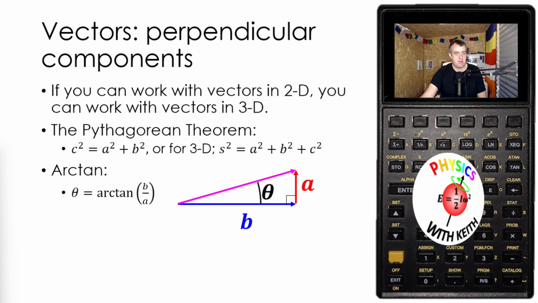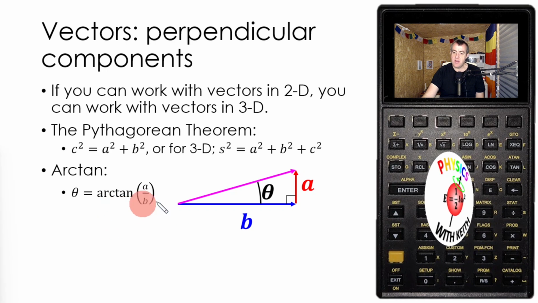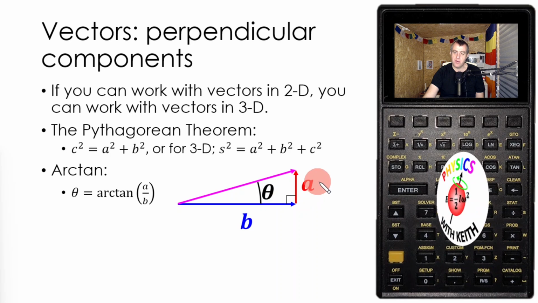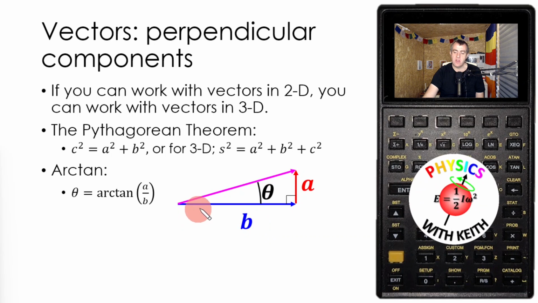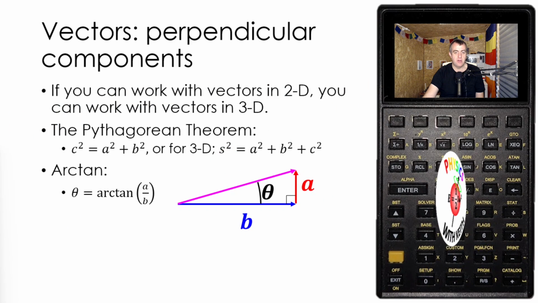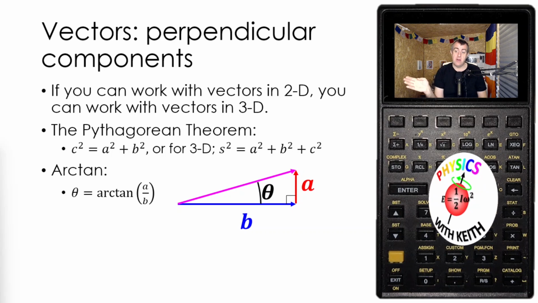That looks like another mistake. That's better. So the tangent of our angle theta is going to be the opposite, that's A, divided by the adjacent, that's B. So the arctan of A over B is going to be our angle theta. So we can use that to determine the direction of our vector.